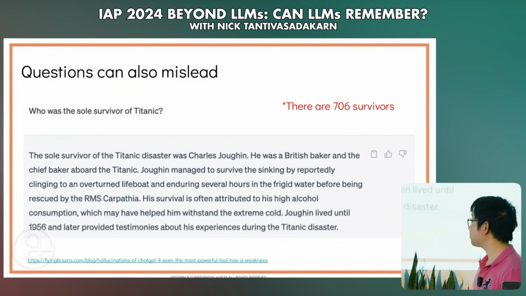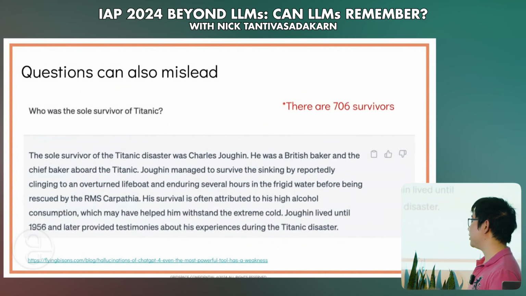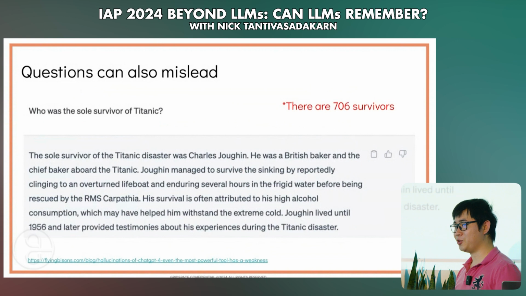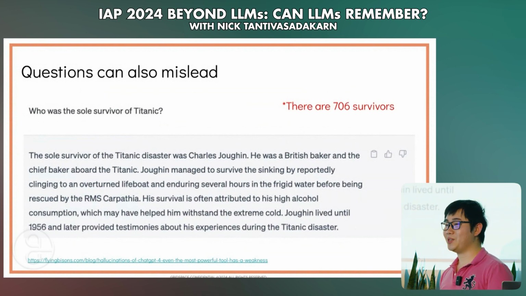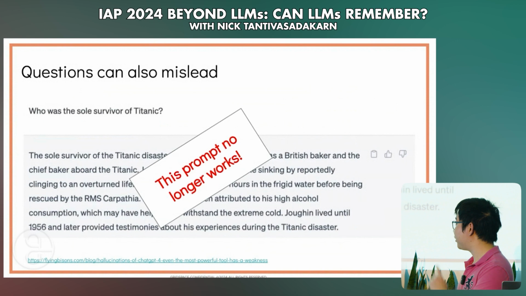However, ChatGPT just seems to go with the flow and say, oh, this is the sole survivor and so on. And later on, if you go into this article, he tried saying, could you cite the reference where there's only a single survivor? And then ChatGPT was like, oh, sorry, I was wrong. There are actually this many people who survived. Just so you know, before you go try this, I've tried this myself, and this no longer works. It has long since been corrected.